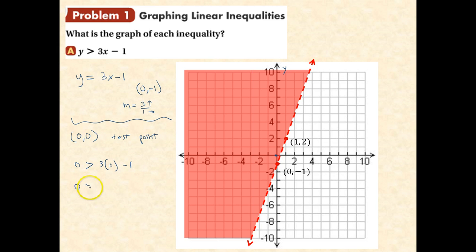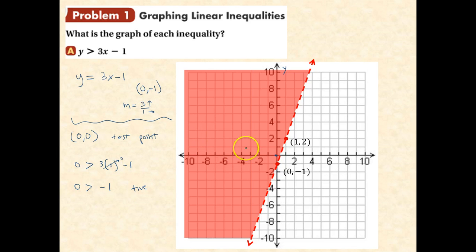And I'm going to get 0 is greater than 3 times 0 is 0, 0 minus 1 is negative 1. 0 is greater than negative 1, so the point 0, 0 is in my solution area. So I would shade everything on the side of the line where that point is.